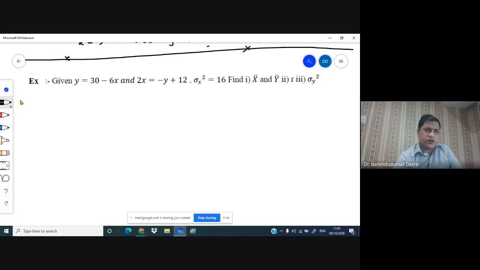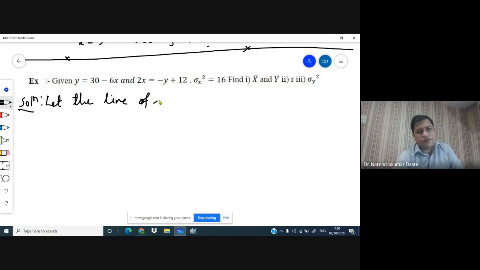So we go with the solution. What we have to do is consider one as the line of regression of y on x, and the other is x on y.